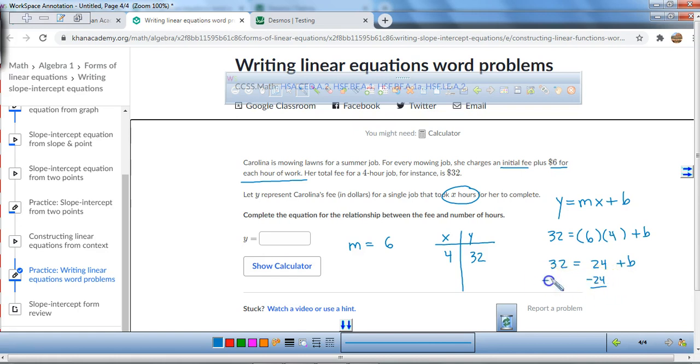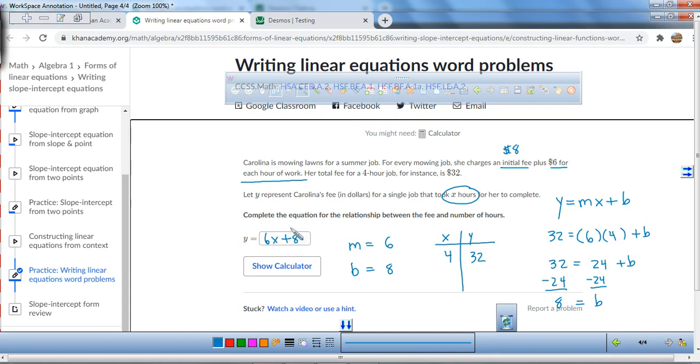And then I'm going to take away 24 from both sides. So when I take away 24 from both sides, I get 8. So it looks like she charges an initial fee of $8. So her y-intercept is 8. That's her initial fee. That was the $8. So we had to find that. So our equation is 6x plus 8.